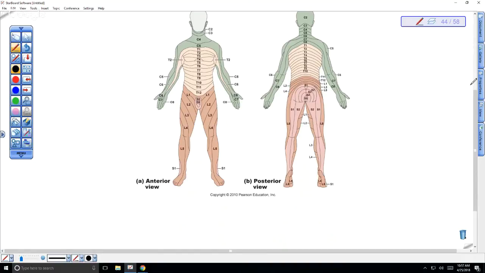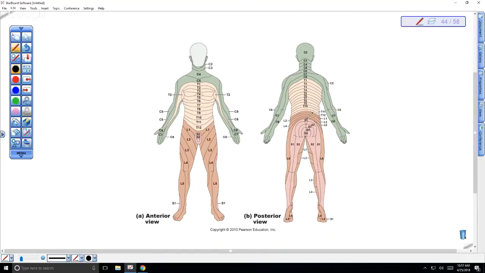So let's look at sciatic pain. If we look at the back of the body, and let's say you have pain right down the back of your leg and towards your foot. This is S1, which means that's the first sacral vertebra.